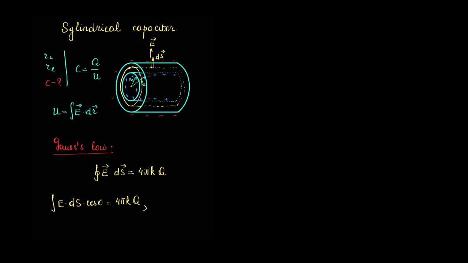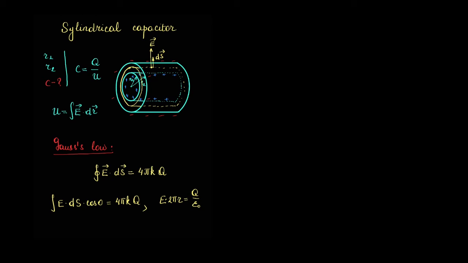From this equation you can find the electric field strength, right? First of all, since E is constant on the curved surface, you can take it outside of the integral, and the integration of ds gives you just S. So the curved area is 2 pi r, and it's just E multiplied by 2 pi r equals Q over epsilon 0.